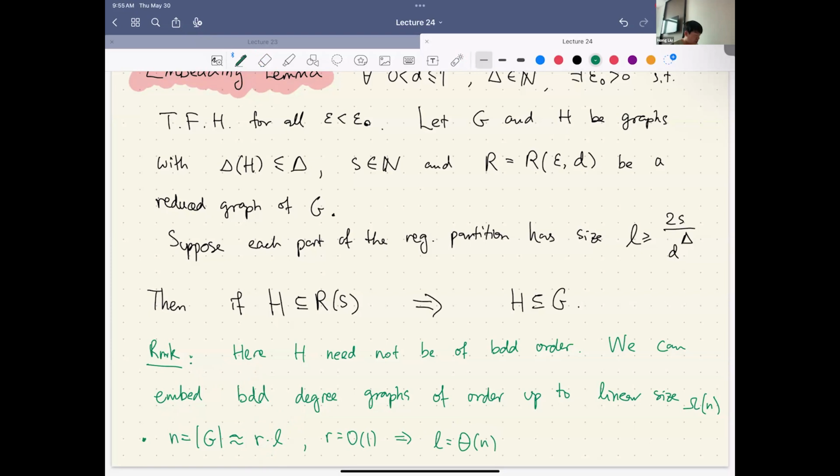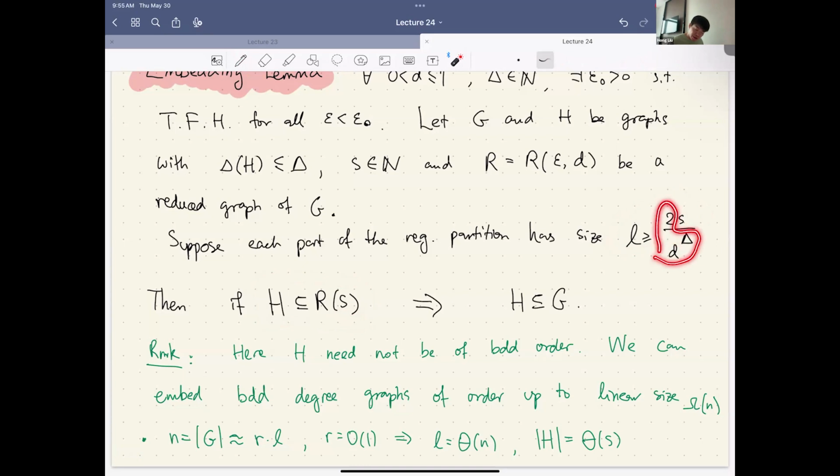That we already know. And here, H is of order what? Could be taken as order linear in S, basically. H could be as large as order S. And S and L, they are linear. S could be as large as L if this is constant, and this is also constant.